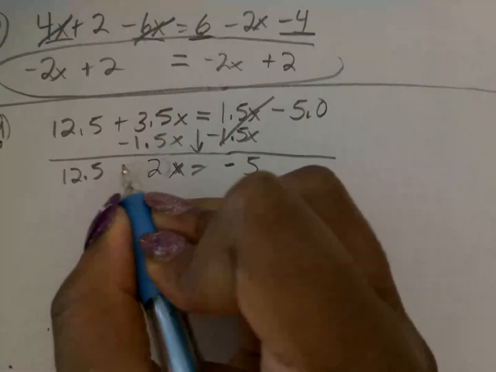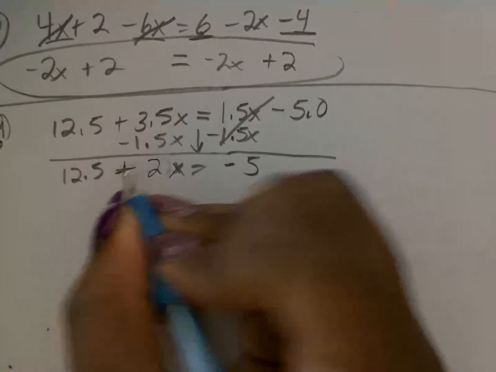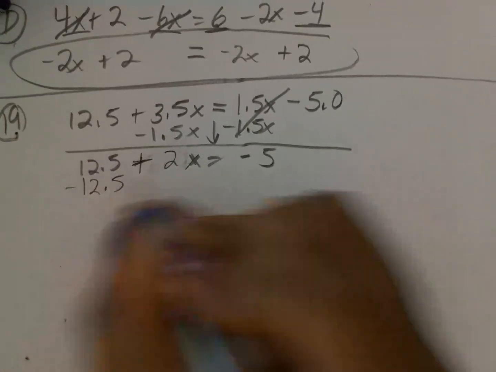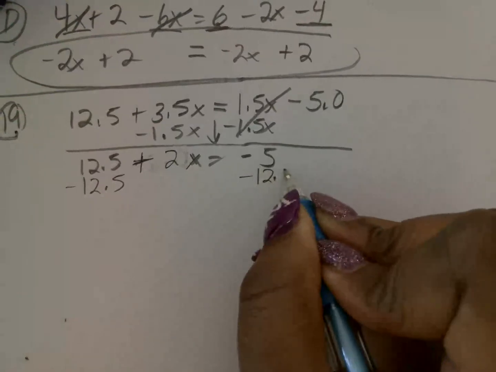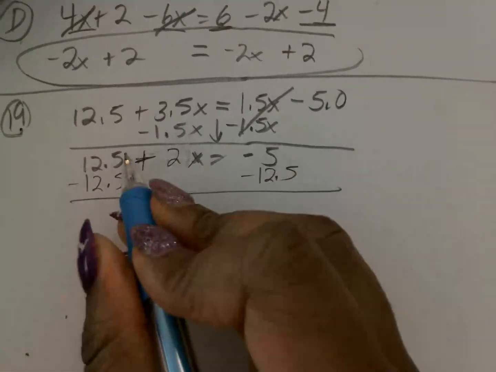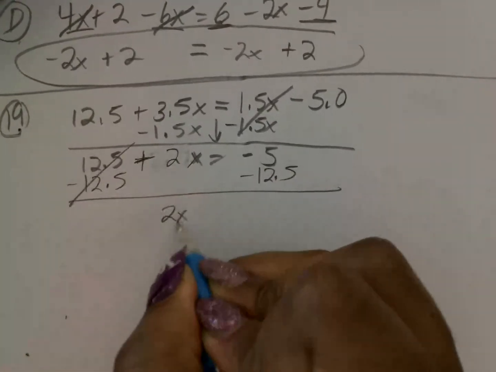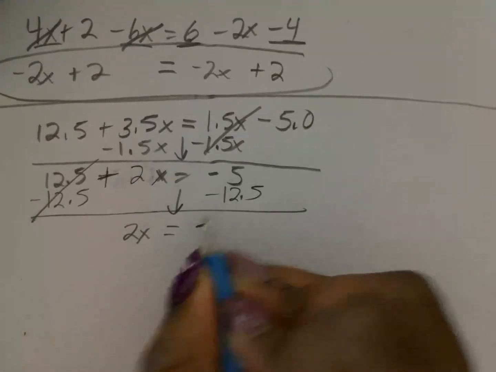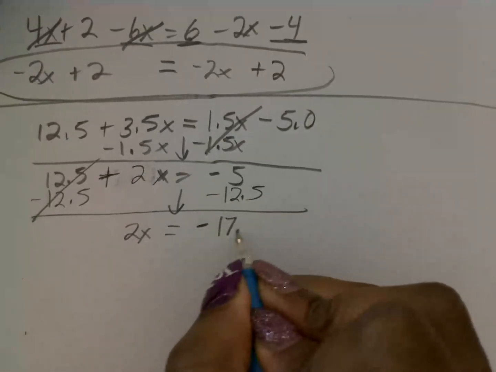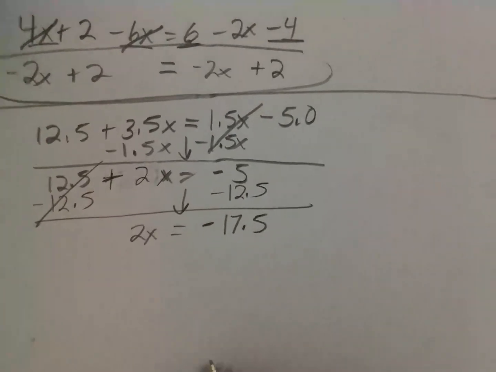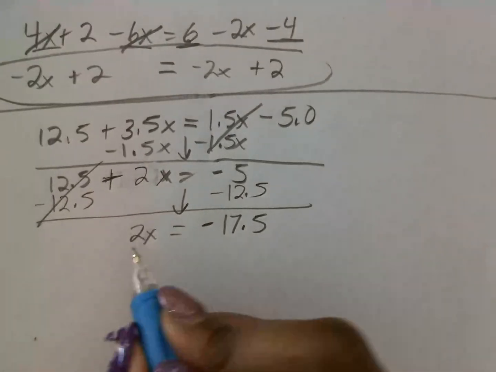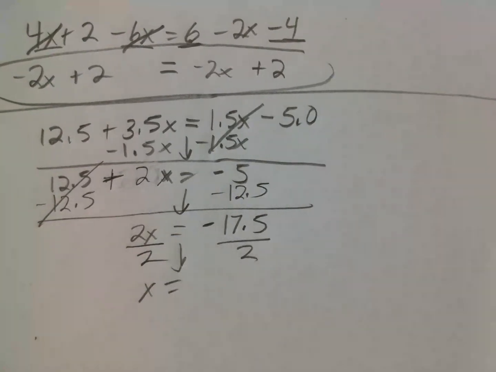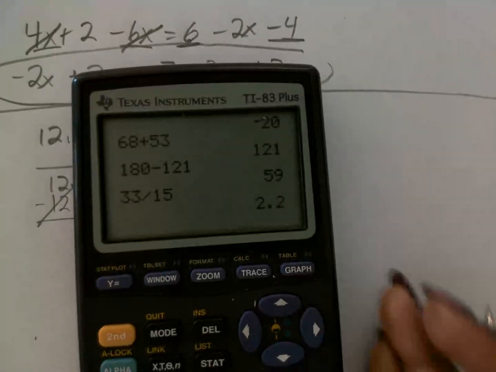All right, so now, this is a plus. Don't forget the plus. So move the 12.5 by subtracting 12 and 5 tenths from both sides. Okay? This is gone, and we're left with 2x is equal to negative 17 and 5 tenths. Okay? So now we're going to divide both sides by 2. So x is equal to, and let's do this in half.